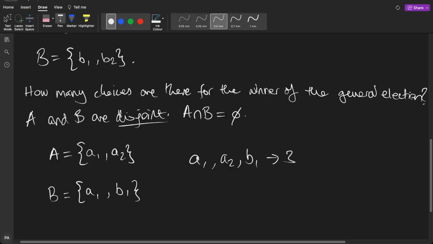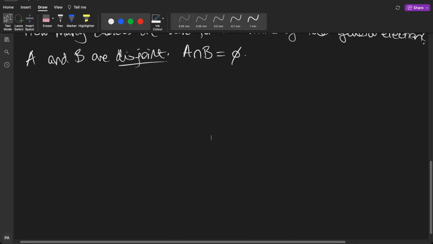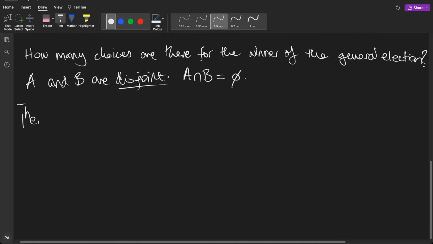That's 3 people, even though 2 plus 2 is 4. This is the kind of nuance that we need when we formally state a theorem like this. Now, I'm not going to prove this because it's very elementary, but here is the theorem. The sum rule.